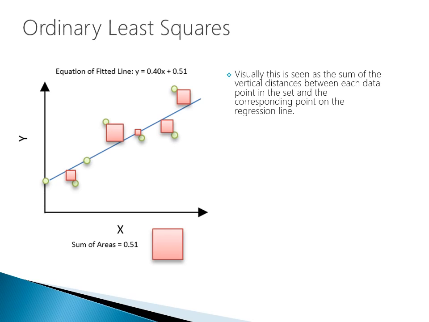If we take all of these squares and we add them up into a total sum of the areas, we get a certain value. The goal of ordinary least squares is to create a square of the smallest size. So what is the regression line that I can put through the data points that minimizes the size of this square? And that's ordinary least squares in a nutshell.